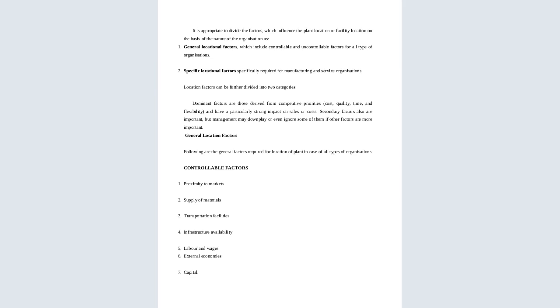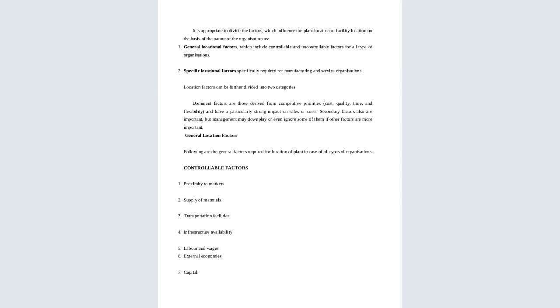Location factors can be further divided into two categories. The dominant factors are those derived from competitive priorities, that is, cost, quality, time, and flexibility, and have a particularly strong impact on sales or cost. Secondary factors are also important, but management may downplay or even ignore some of them.